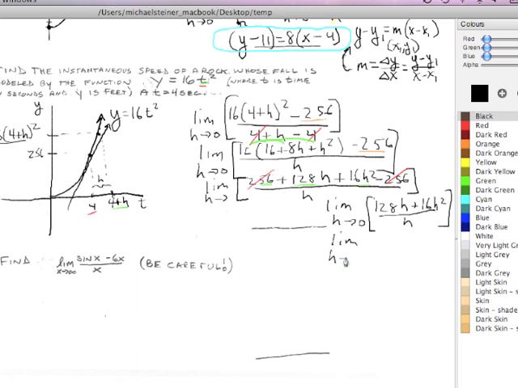So in the top we have h times 128 plus 16h, over h. Again, let's cancel some h's, and we're left with only this expression, 128 plus 16h. As h approaches 0, this just approaches 128, and we have to make sure we include units. Feet per second, and that's our answer.